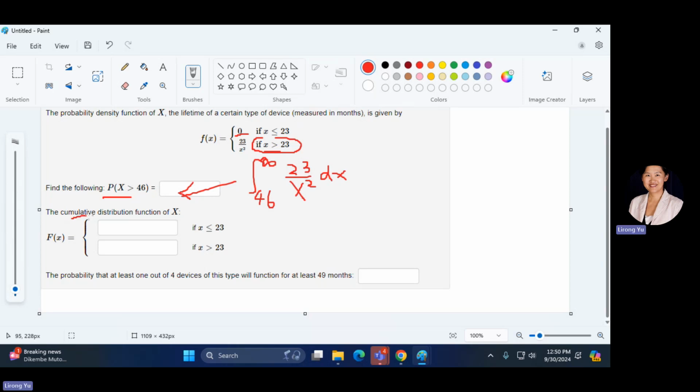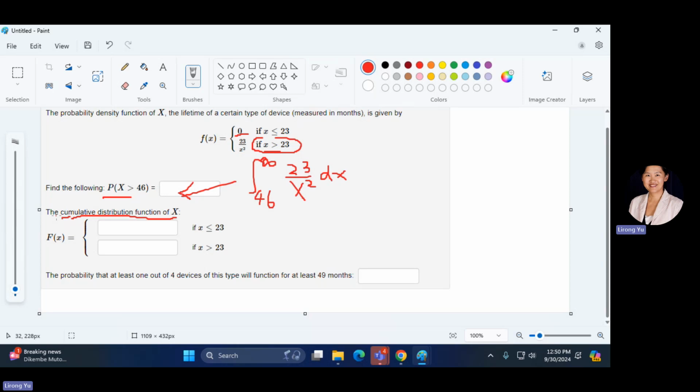The second question is to find the cumulative distribution function. The cumulative distribution function is the integration of the density function. The CDF is an increasing function: you start from 0 and keep increasing until it's 1, because F of x is a probability.